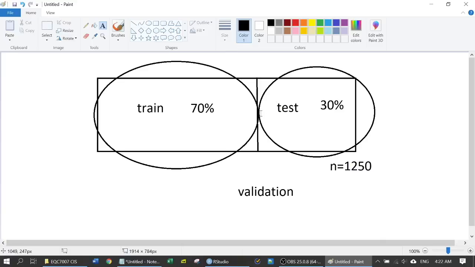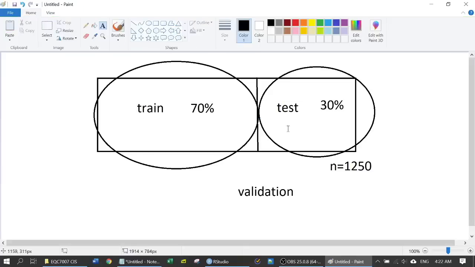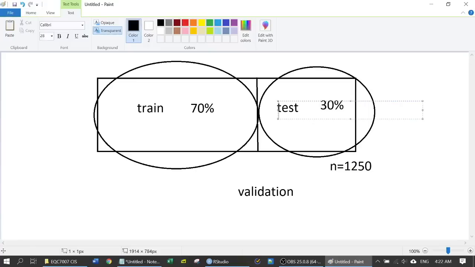So basically the intuition is that if your model is good, having used the information in the training data set to develop it, then it is going to perform similarly well on a new data set that was not included in the model building.